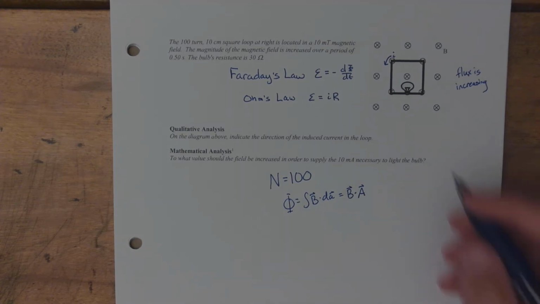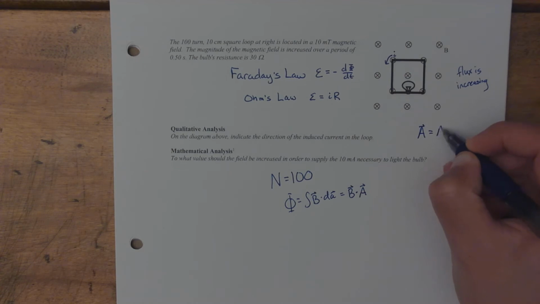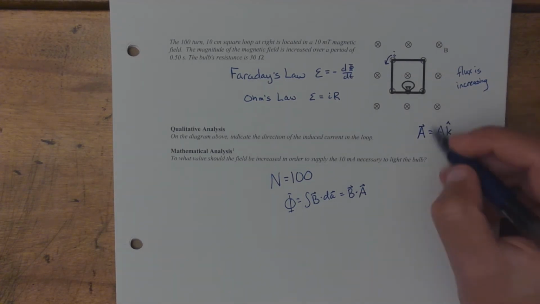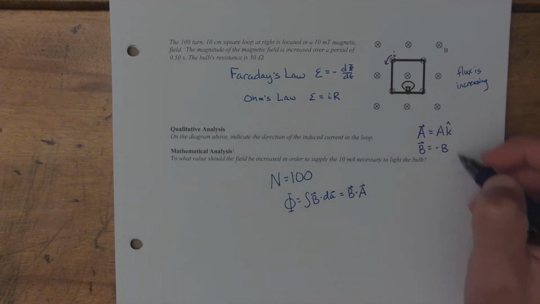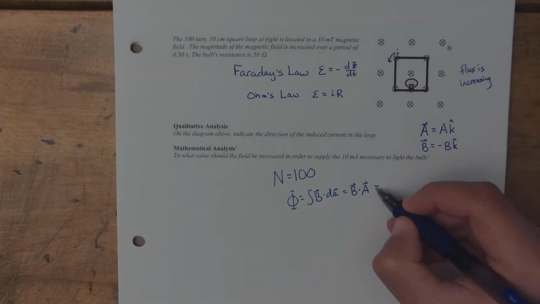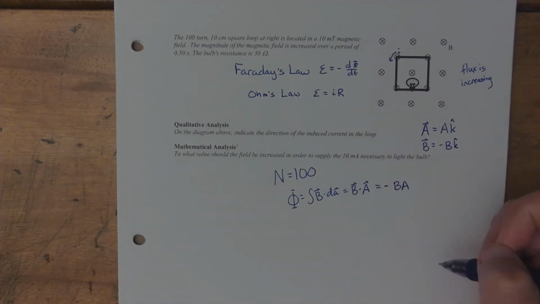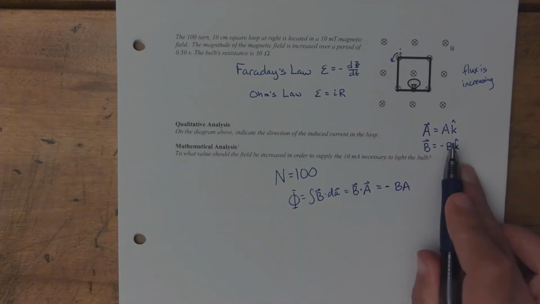So the magnitude of the area vector would just be A, and it's pointing out of the page, so that's in the k-hat direction. But the magnetic field's pointing into the page, so the magnitude is B, but it's pointing in the negative k-hat direction. Therefore, when you do B dotted with A, you have a negative sign here, which makes the flux negative, just based on how I defined the area vector.